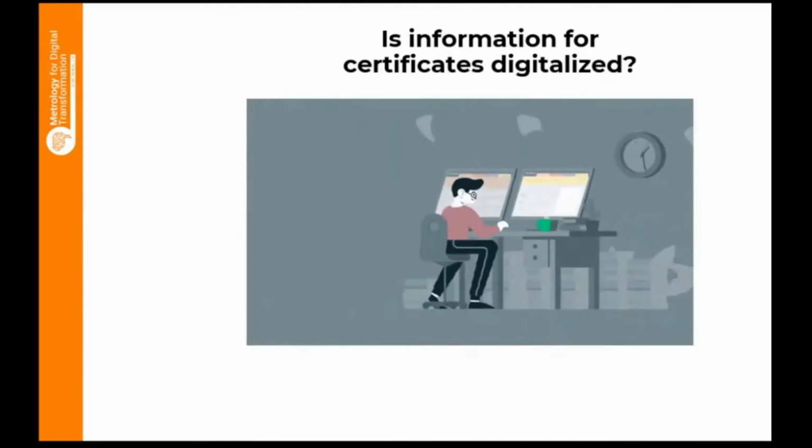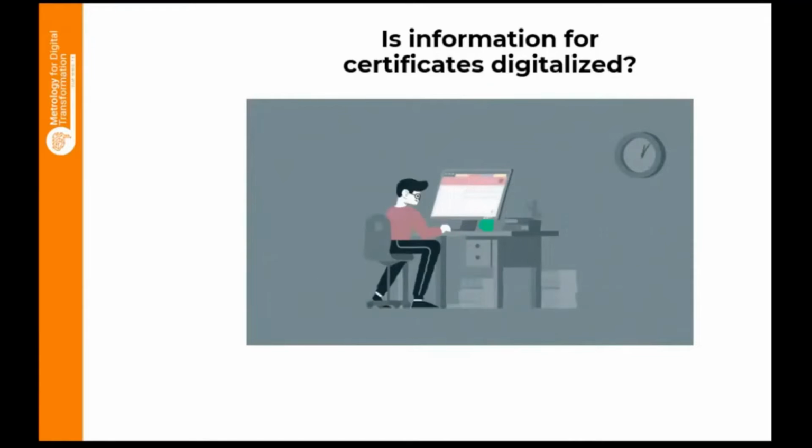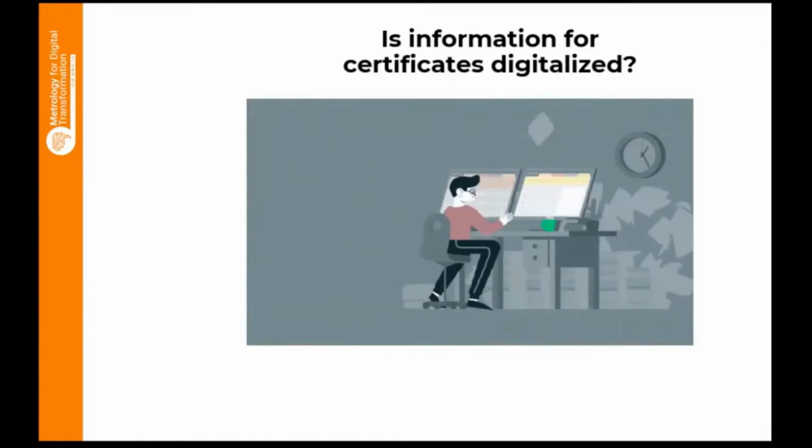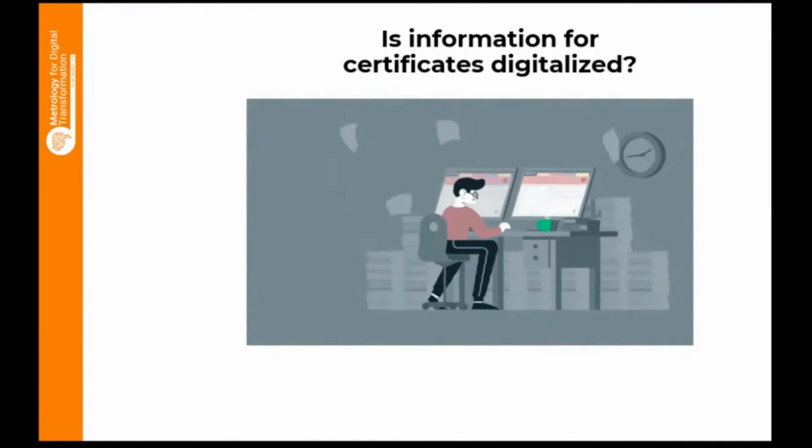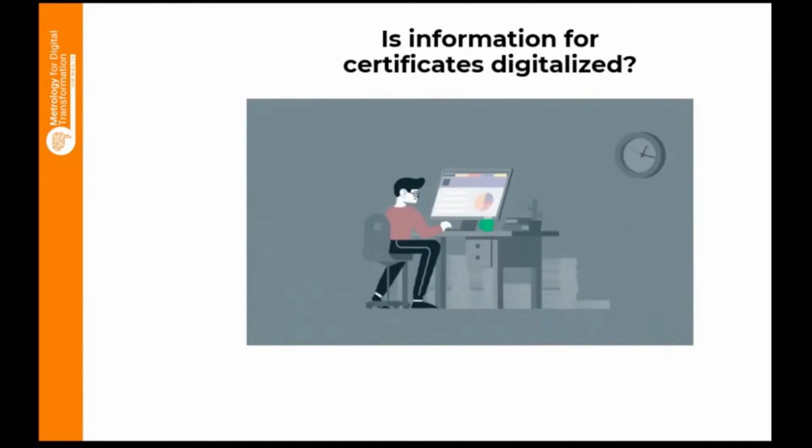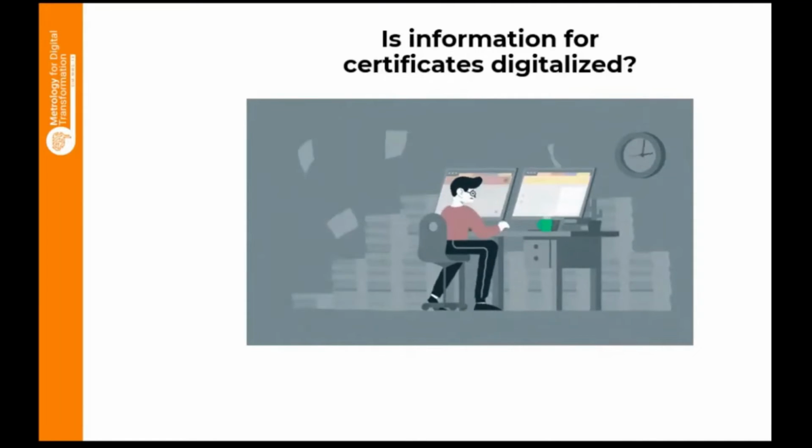But the question arises: is the information for certificates digitalized? We need to analyze this in our system. Every institute, every laboratory has different levels of digitalized information. Some information can be just manual entry, but many laboratories also have some automation tasks.